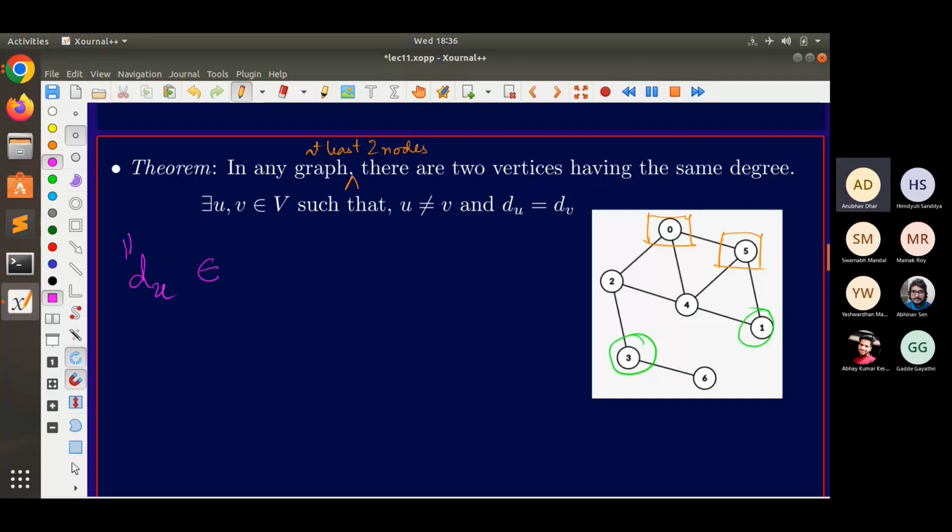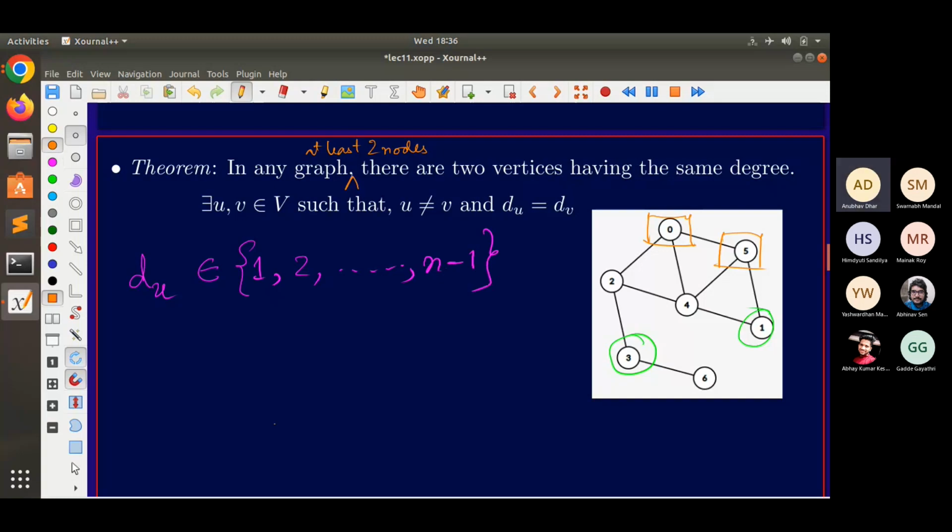Can degree of u be equal to -1? Can degree of u be equal to n plus 1? No, right? Exactly. The degree of a vertex is from 1 to n minus 1.